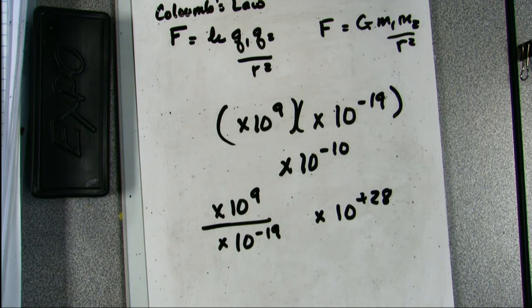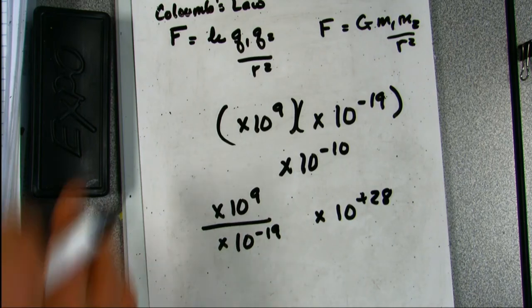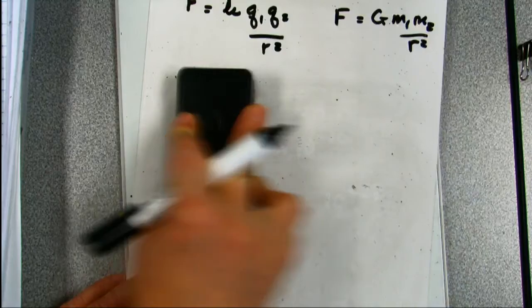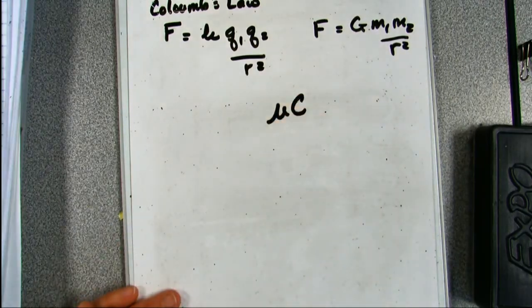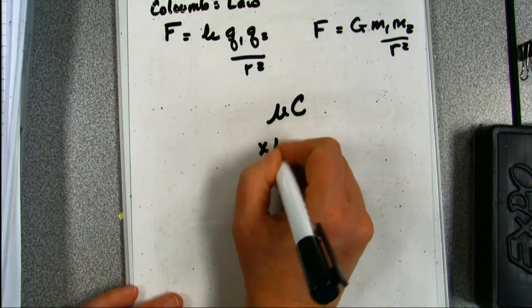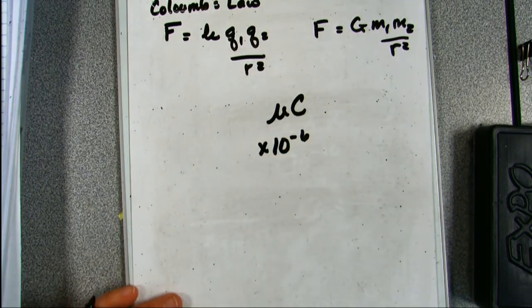So dividing by negative is kind of like adding by a negative. Yeah, you can manipulate them. Because what's going to happen is, because of the size, as you guys just saw, we're going to deal with microcoulombs a lot, which is going to be something times 10 to the minus 6.